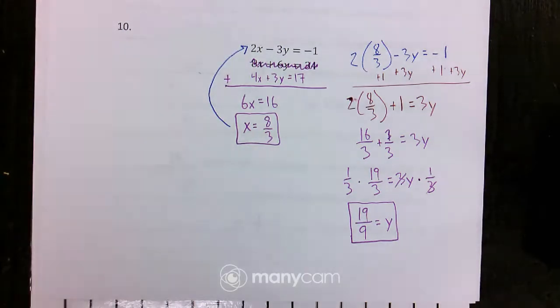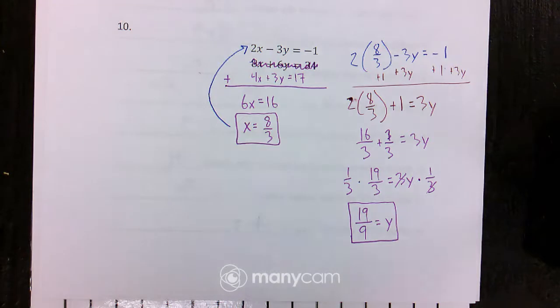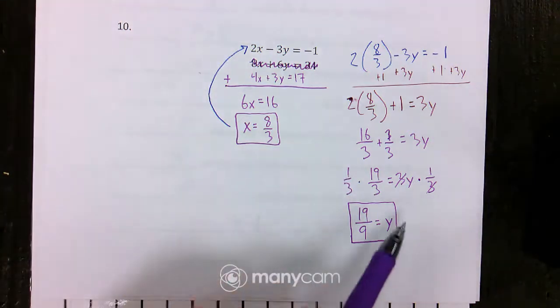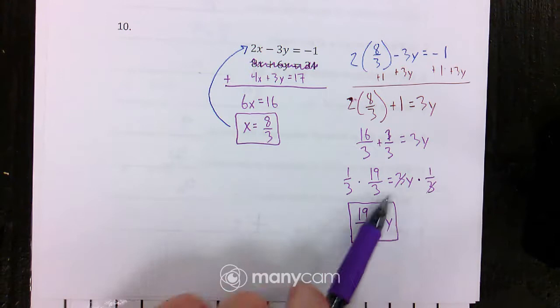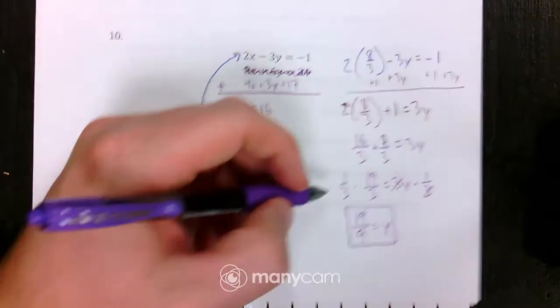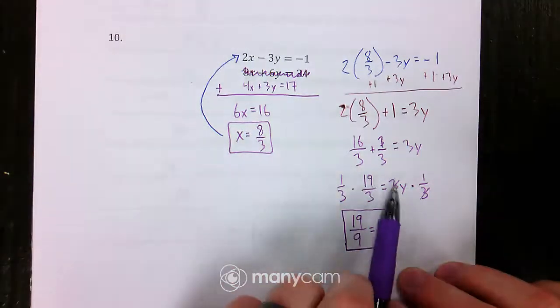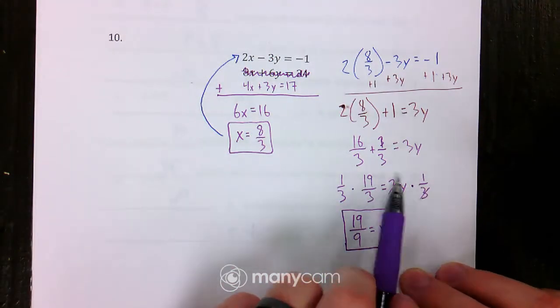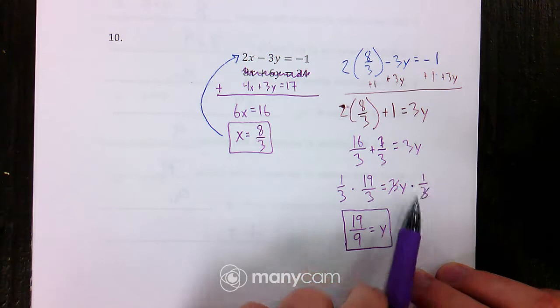Okay, if it's quick, can you just cross off the 3 and just leave it y is? No, because it has to be cross cancel. You can only crisscross cancel. You can't cancel this way, because the reason why you can cross cancel is because if I was to multiply this 3 times this 1, that would give me 3 over 3, right? Which would cancel.